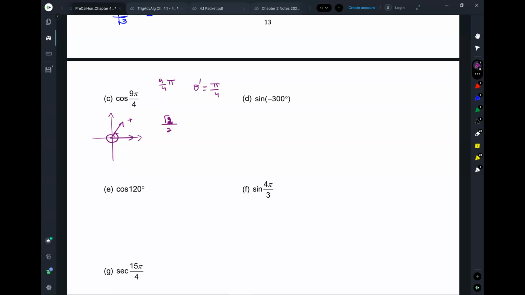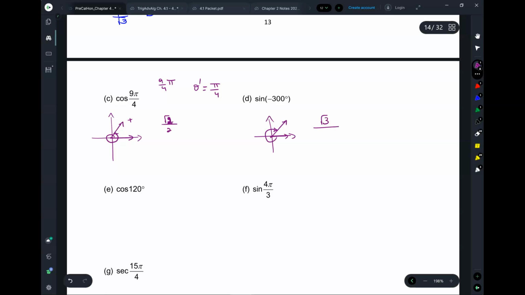So sine of negative 300. All right. So negative 300, we're going to go this way. What's the reference angle? 60 or pi over 3. Good. And now if I want the sine, what do you think? Root 3 over 2.